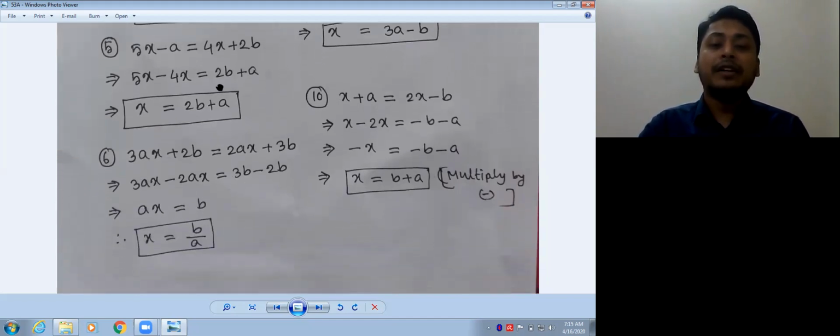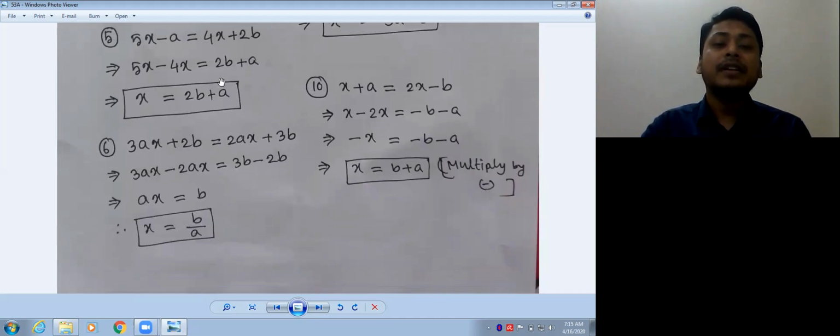Now number 5. Here for number 5, 5x minus a equals 4x plus 2b. In this maths, you can see the 4x term in the right hand side. That's why this 4x will have to be written in the left hand side.